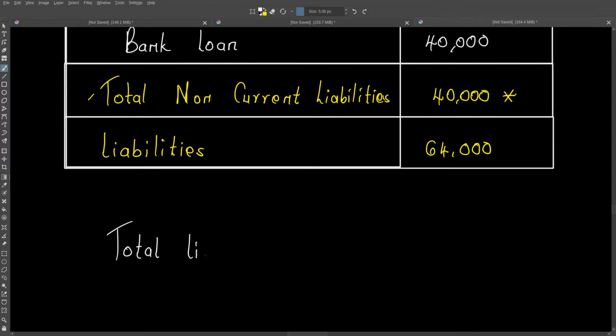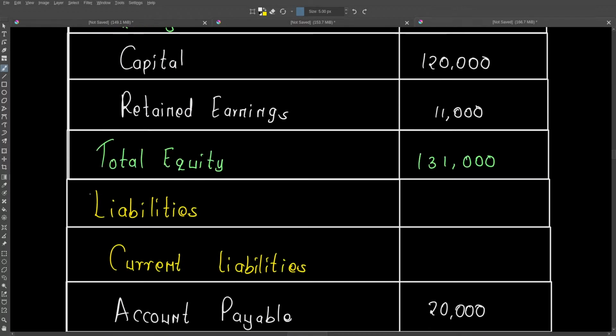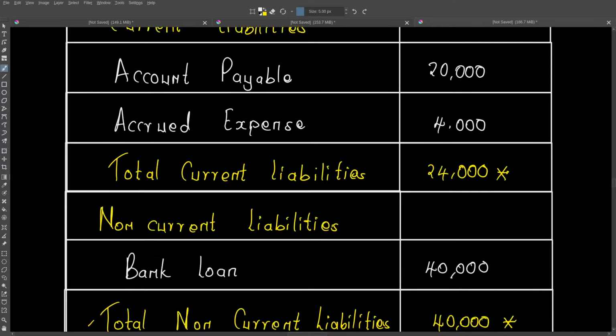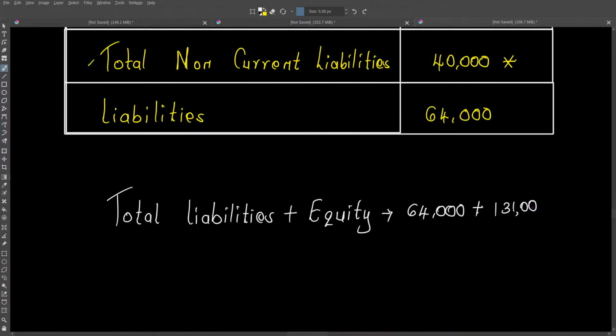Total liabilities plus equity is 64,000 added to 131,000, which gives us 195,000.